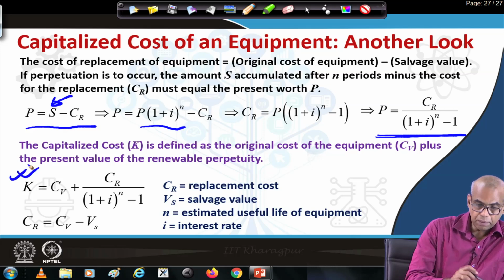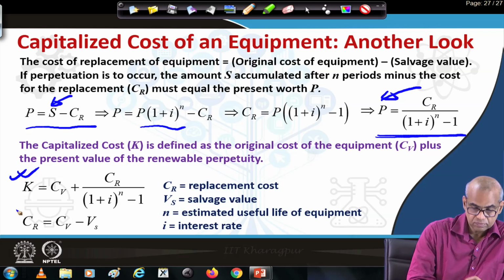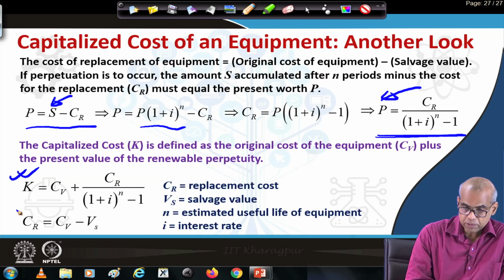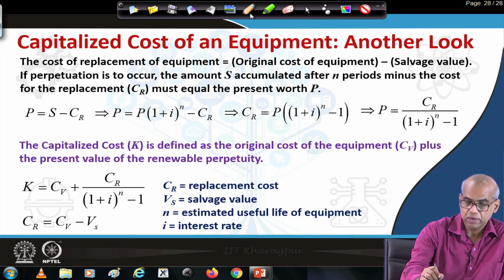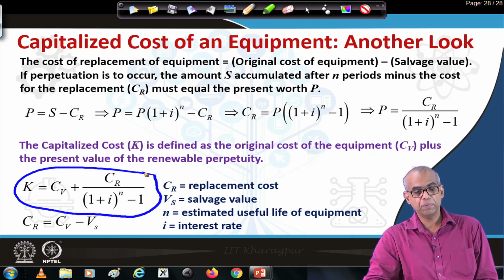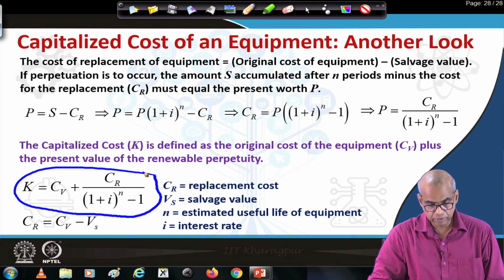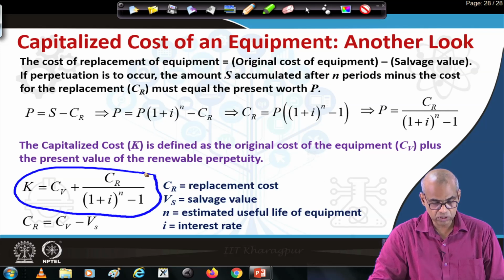So, the capitalized cost K equals CV plus this P term, which is nothing but CR by ((1 plus i) to the power n minus 1), where CR is the replacement cost, which is the original cost CV minus the salvage value Vs. So, this expression gives me the capitalized cost of an equipment which has salvage value Vs and original cost CV. So, CR equals CV minus Vs as the replacement cost.